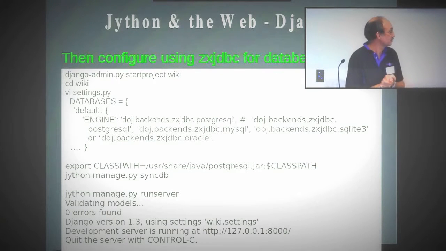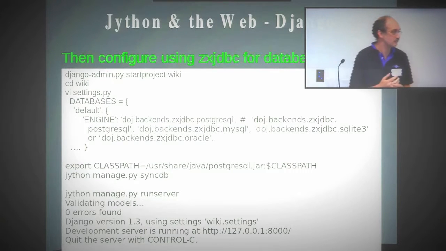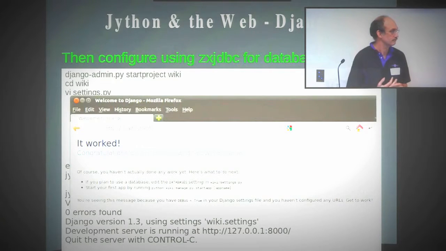And all we have to do is go into our settings file, and where you define the engine, you put in ZXJDBC, and then it's using the JDBC driver to talk to the database. And then we can basically save the settings file, run the Django development server under Jython, and it works.